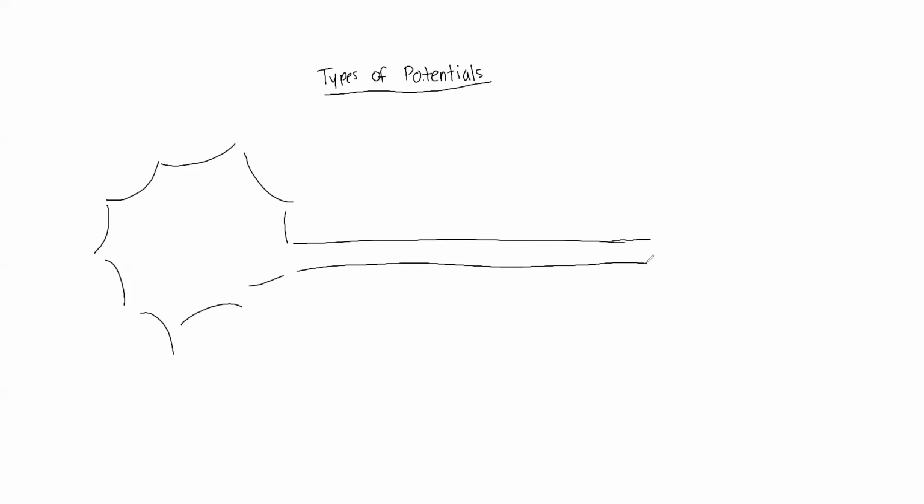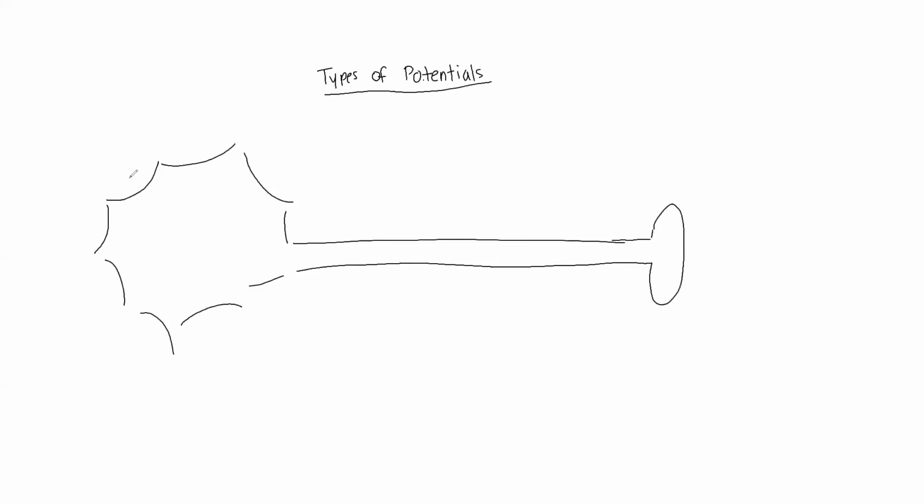And then towards the distal or end part of the neuron, we have this bulge, which is the axon terminal. Okay, so let's start by labeling these regions.